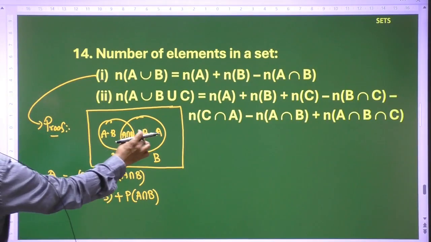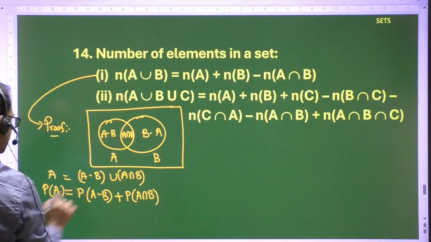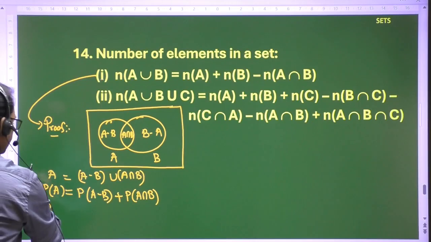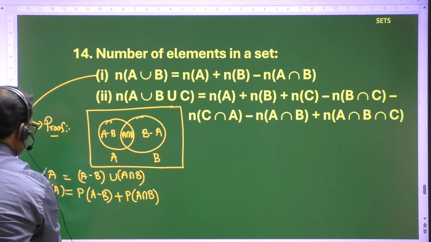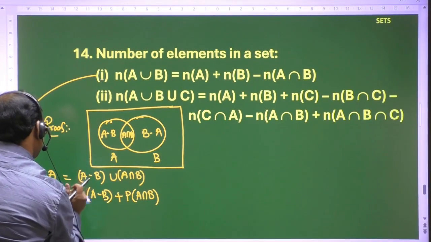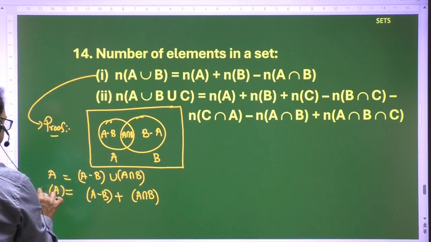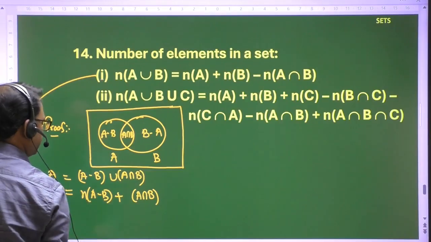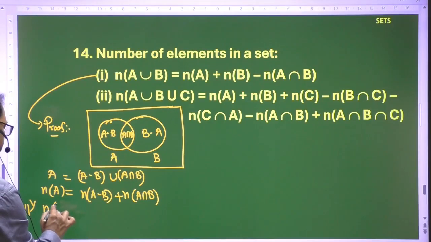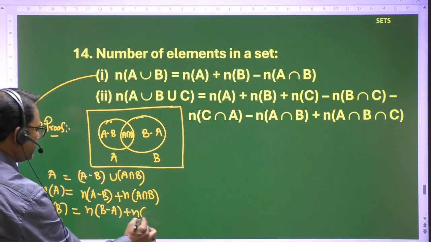Similarly, B minus A and A intersection B make the whole set B. So the number of elements in A will be the number of elements in A minus B and the number of elements in A intersection B. Now similarly for B, the number of elements in B minus A plus the number of elements in their intersection.